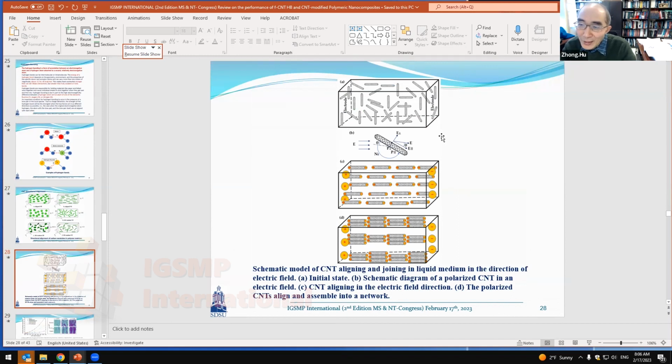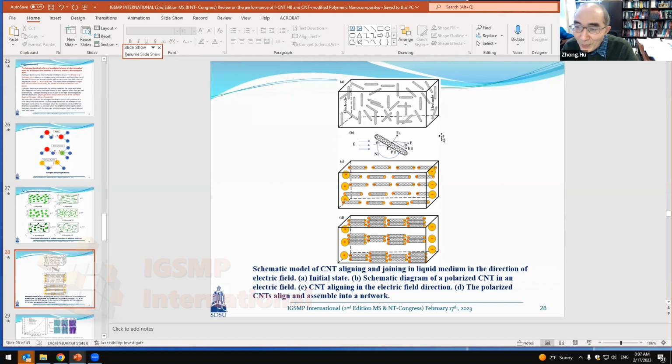So if the carbon nanotube can be well dissolved into the matrix, in that case you functionalize the surface of the carbon nanotube to make it magnetized or electrolyzed.